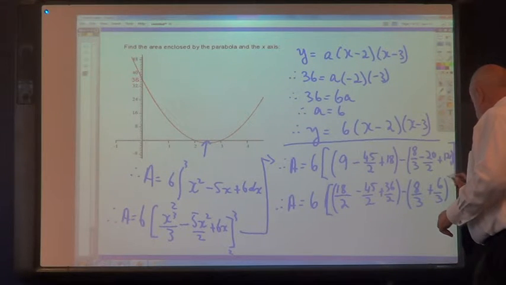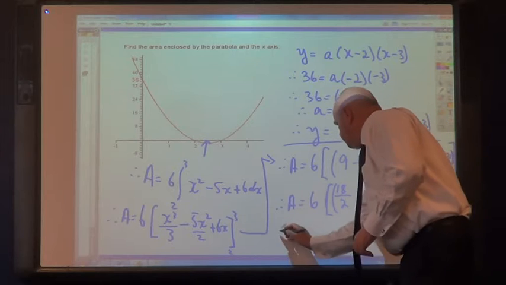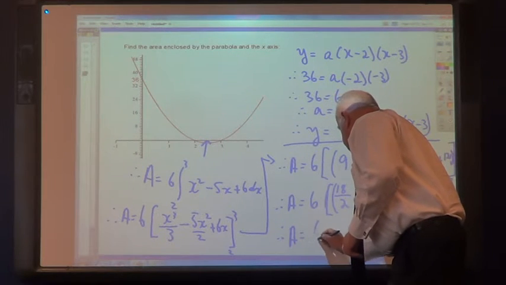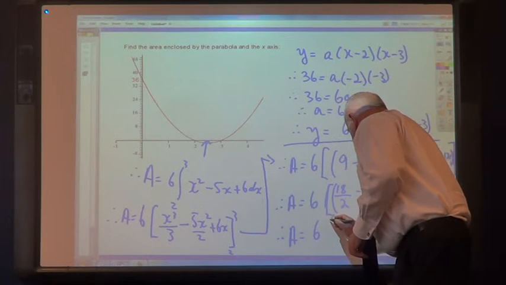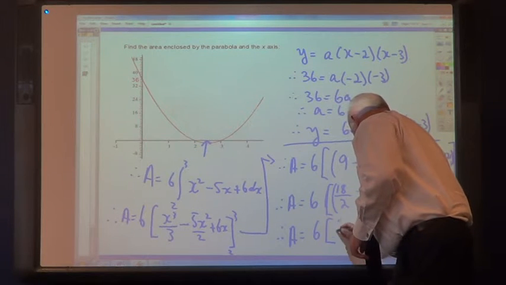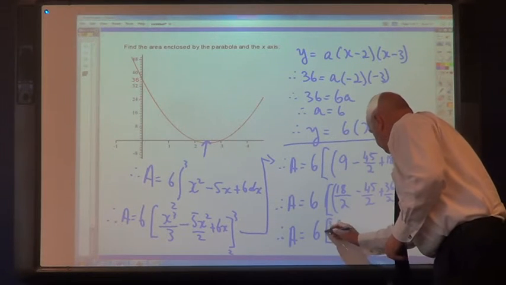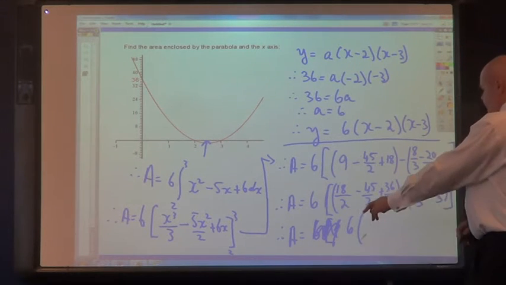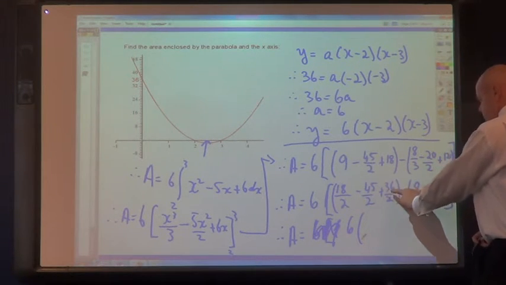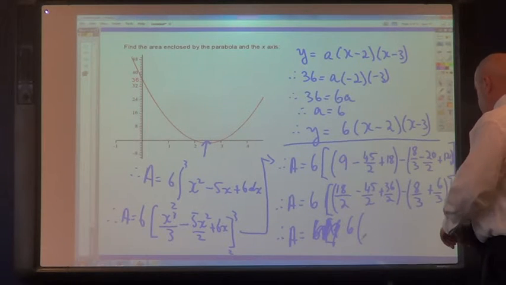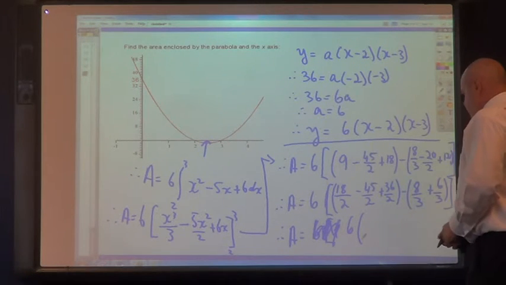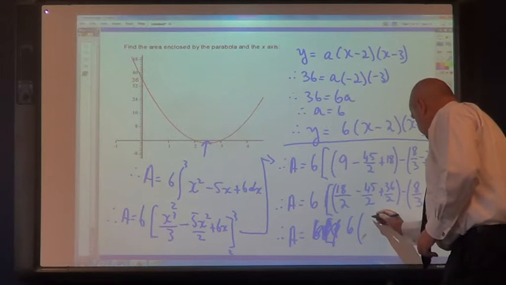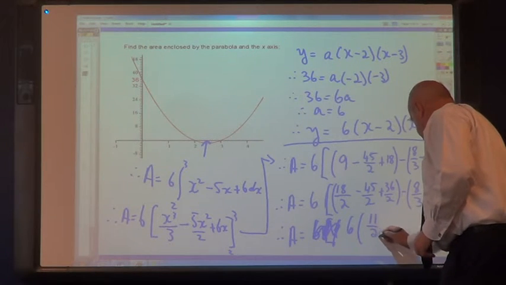Now that we have common denominators, we've got area equals 6 times, round brackets, 18 plus 36 is 54, minus 45 is 11, and it's positive 11 on 2.